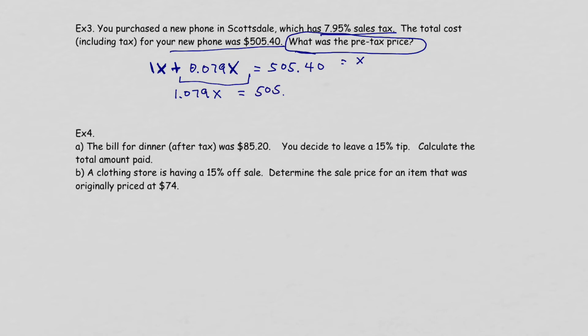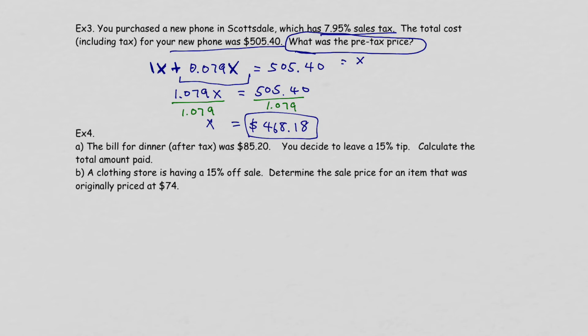And you get rid of the multiplication by dividing to isolate your variable. So your x should be 505.40 divided by 1.0795. And that will give you a dollar amount of $468.18. So that will be the pre-tax price.